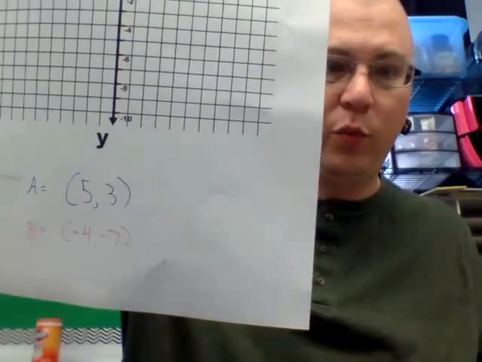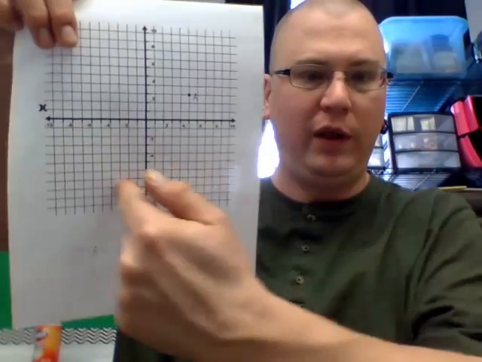So I'll show you a double negative. That'll be quadrant 3. We'll call that point B. And we'll say over negative 4 on our x-axis and down negative 7 on our y-axis. That is our point B. And we know it's going to be negative, negative, so it's going to be right over here.